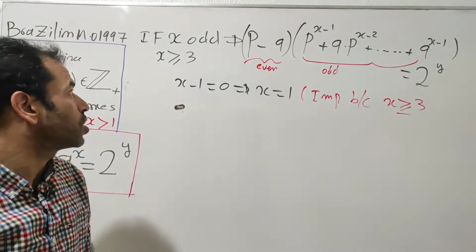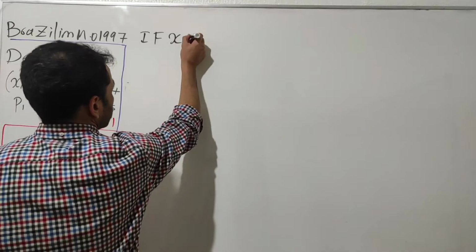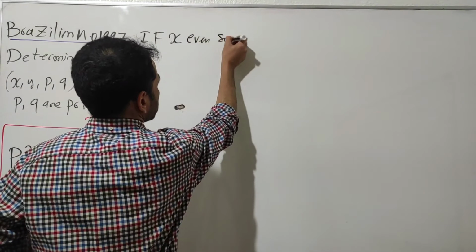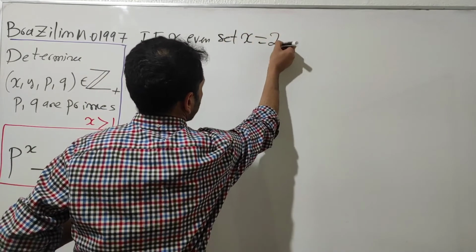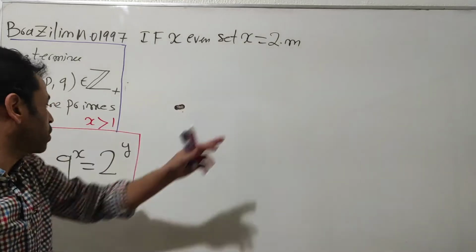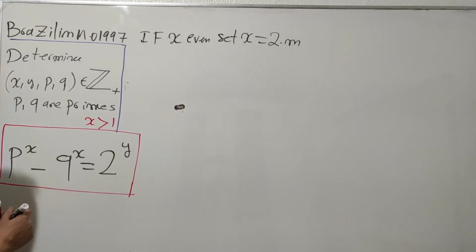Now let's move on to the next case, when x is even. We are simply going to set x equals 2m, because x is even. Let's replace this value of x into the exponent and factor it out in the form of a product.